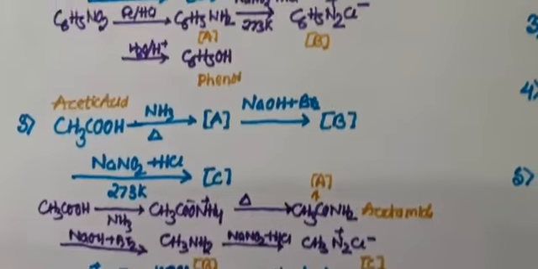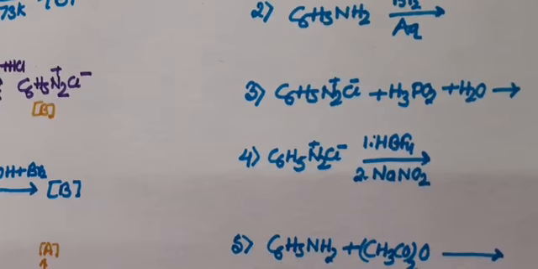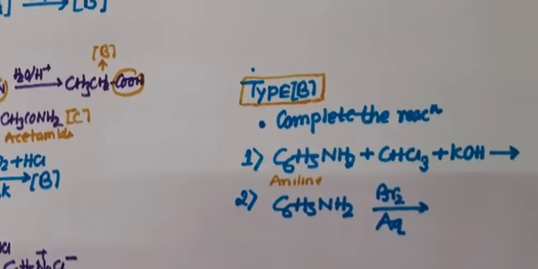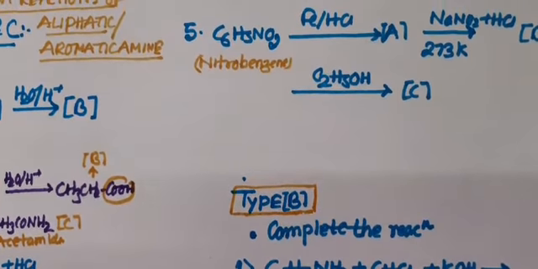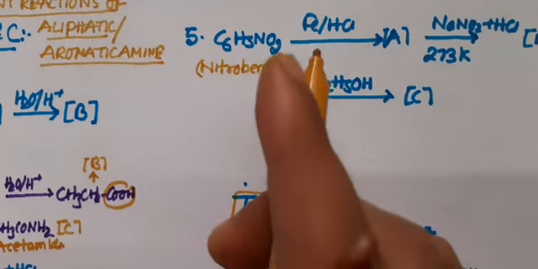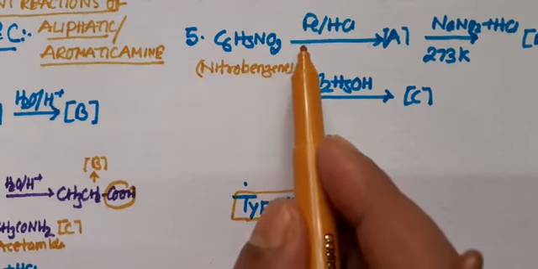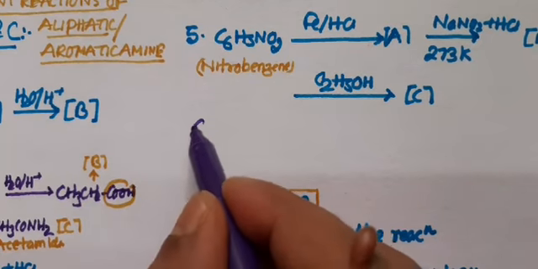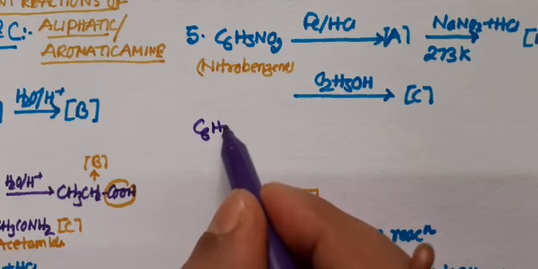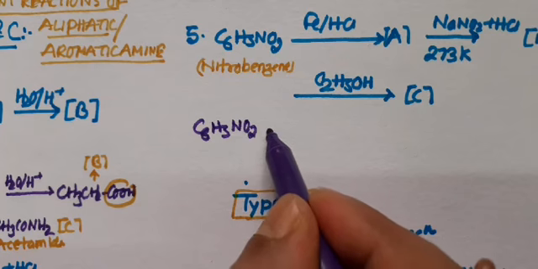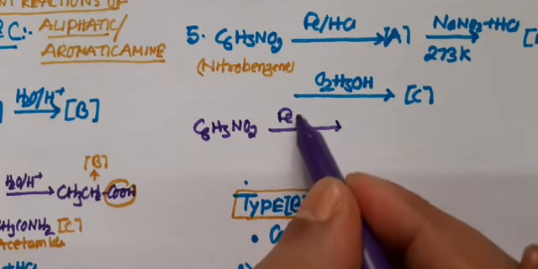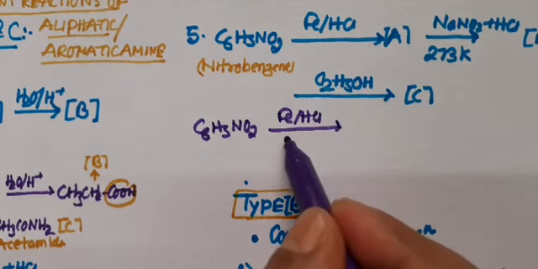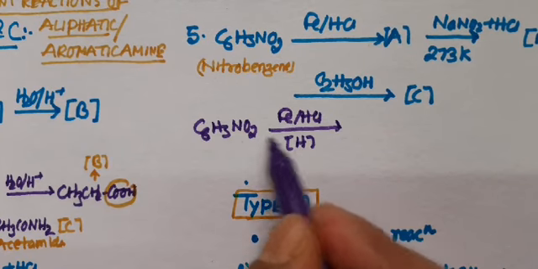Similarly, there is another reaction that we will solve. Here we can see that C6H5NO2 undergoes reduction with Fe/HCl, and the reaction proceeds in the given way. It undergoes reduction with Fe/HCl, producing nascent hydrogen.